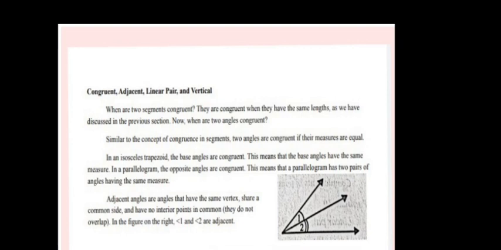Adjacent angles are angles that have the same vertex, share a common side, and have no interior points in common. They do not overlap. In the figure on the right, angle 1 and angle 2 are adjacent. Always remember that these are called adjacent angles, and they have a common vertex and common side.